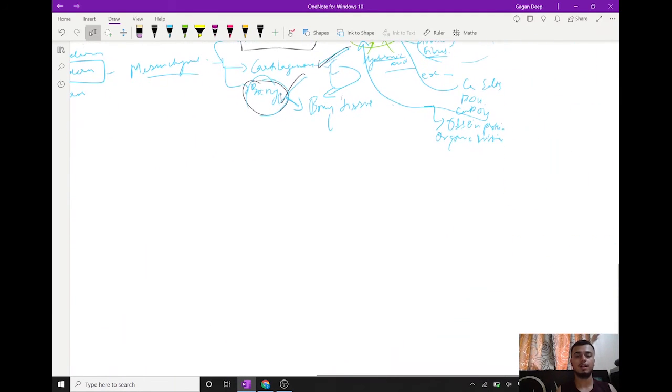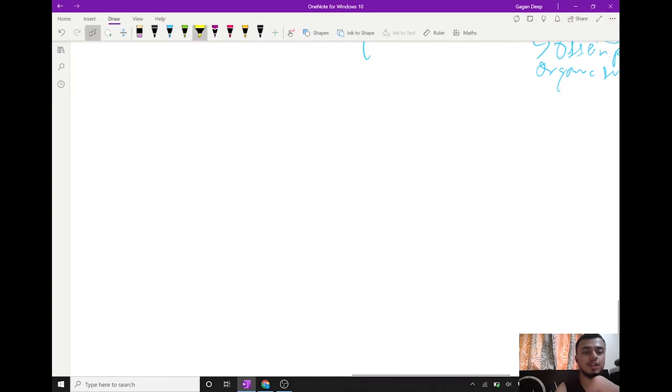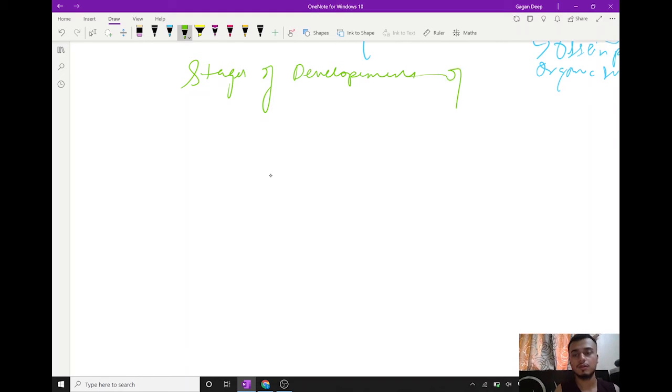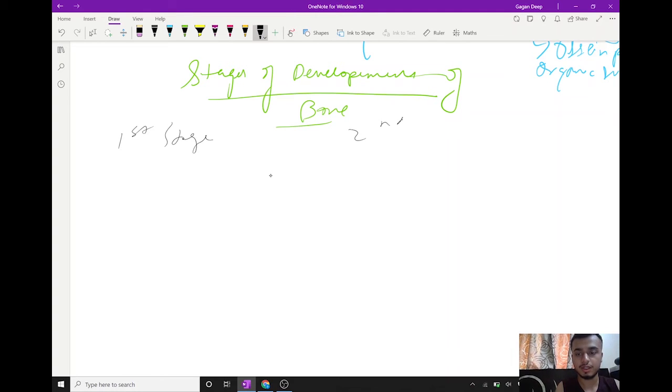Now, in our body, we'll study the stages of development of bone. It is more defined in embryology, but to get a clear concept of it, the stages are: first stage, and then the second stage.